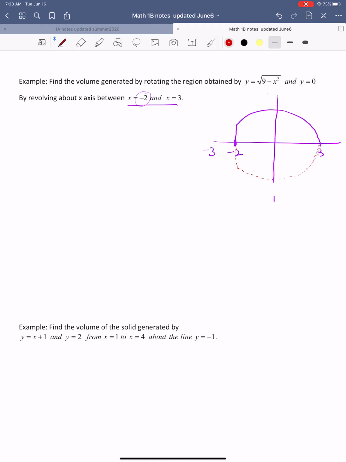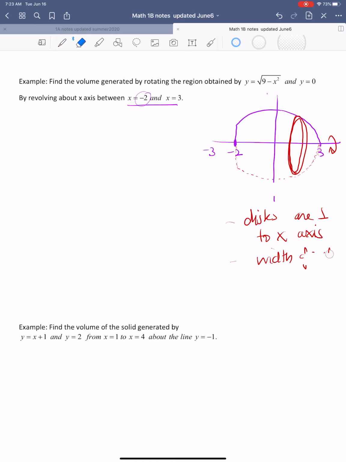All right, so I want to find the volume of this solid, and we have rotated about the x-axis. If we rotate it about the x-axis, then I already know my discs will be, there are no washers here, so discs are perpendicular to the x-axis.